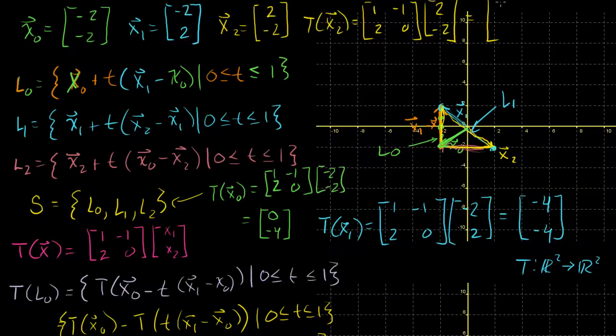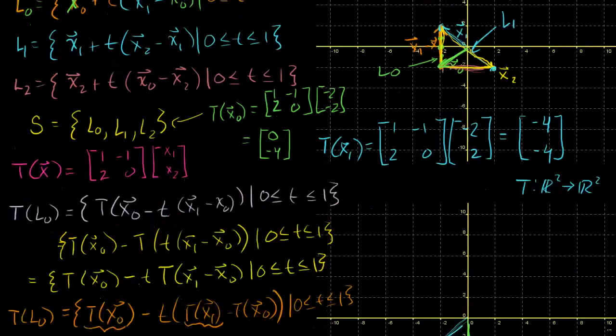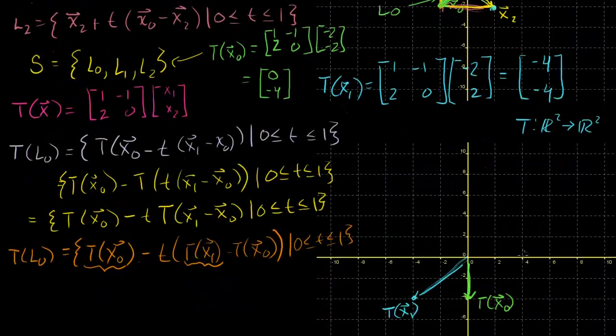So it's 2 plus 2 is 4. And then 2 times 2 is 4, plus 0 times minus 2. So it's 4, 4. So it's this point right here, 4, 4. The transformation of x2 is that vector right there.